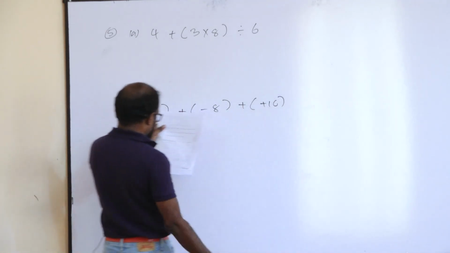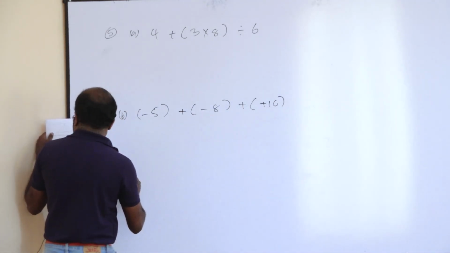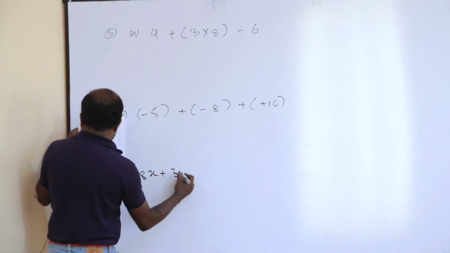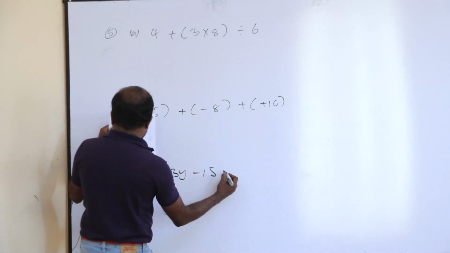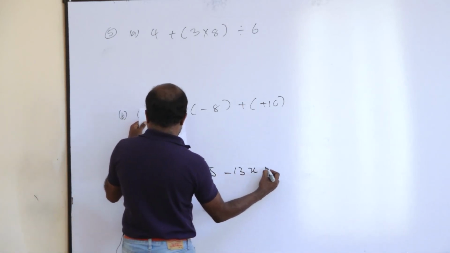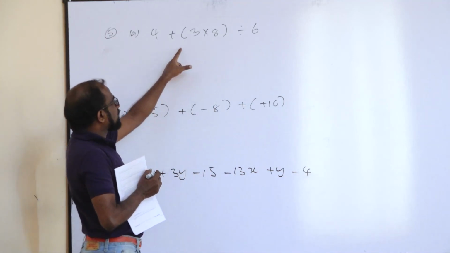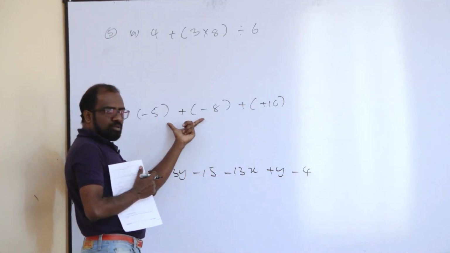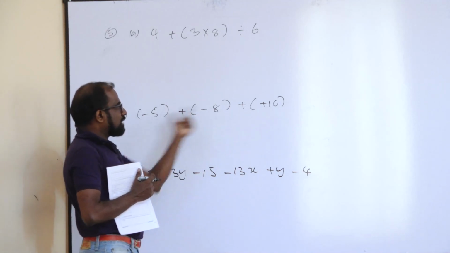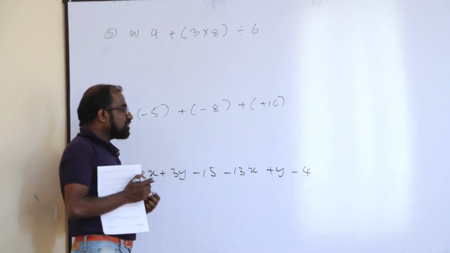The next one is algebraic expression simplification. All three are simplification: numerical expressions, directed numbers, and algebraic expressions.